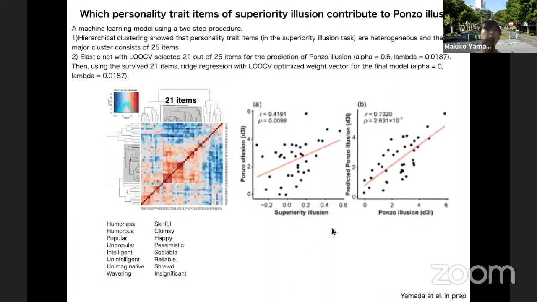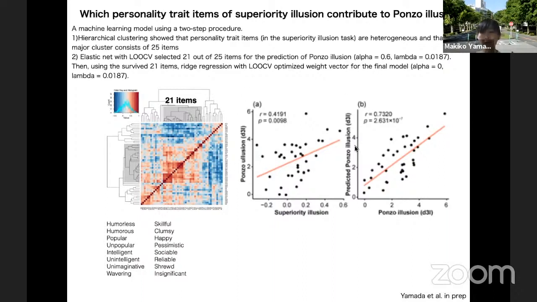We then tested which personality trait items of superiority illusion contributed to the Ponzo illusion using the machine learning model presented here. And we found that 21 items of superiority illusion contributed to the Ponzo illusion.